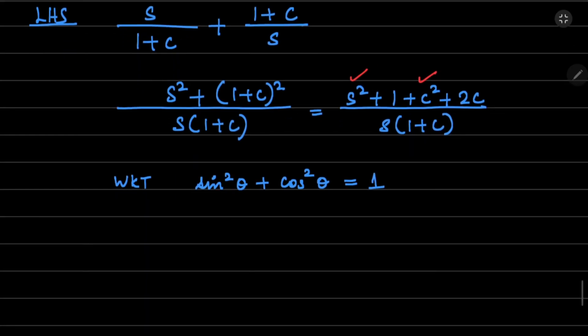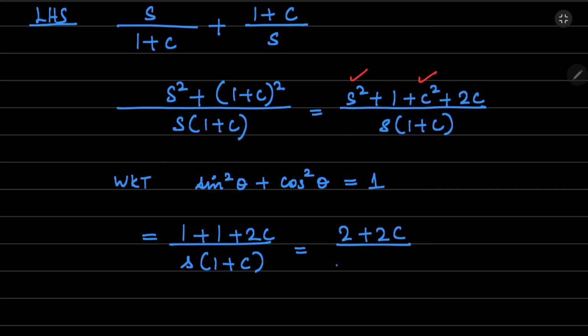Therefore, sine square plus cos square will become 1. I'm just going to write it here, 1 plus there is already a 1, plus 2 cos, whole divided by sine into 1 plus cos. This will become 1 plus 1 is 2, plus 2 cos divided by sine into 1 plus cos.